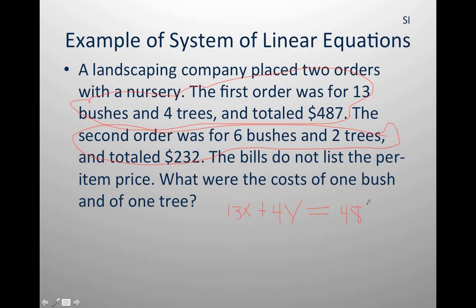Now obviously the x and y in this case are money, because you take the 4 trees and multiply it by the money it costs, and you take the 13 bushes and multiply it by the money it costs. In the second problem, we're going to have 6x and we're going to have 2 trees, 2y, and that's going to equal 232.